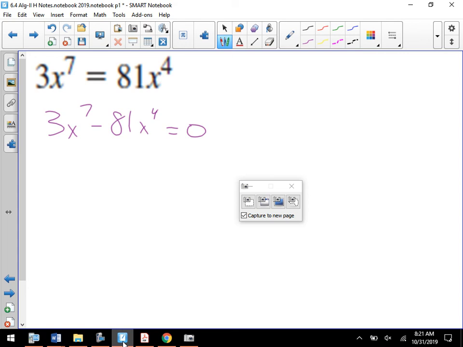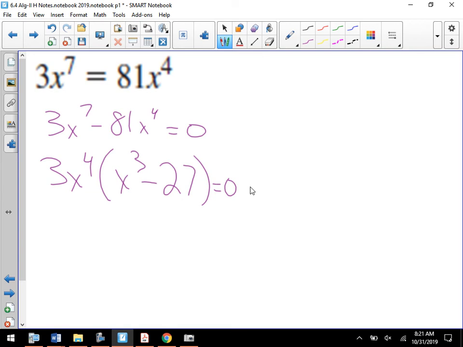Now, after that, DCF. Okay, you got that far. Then, the 3x to the fourth, there's nothing you can do with it. It's 0 with multiplicity of what? 4.